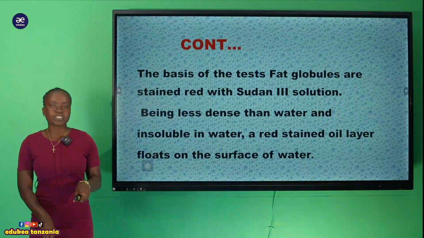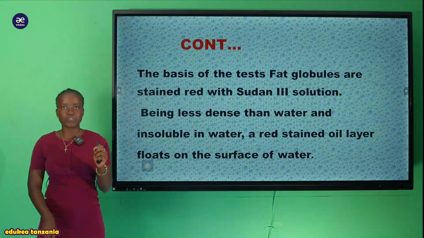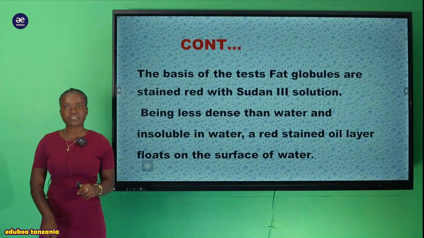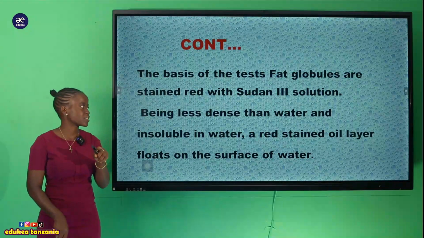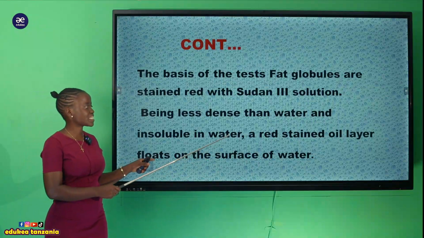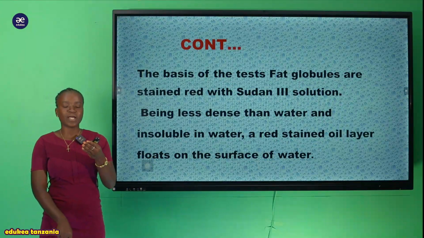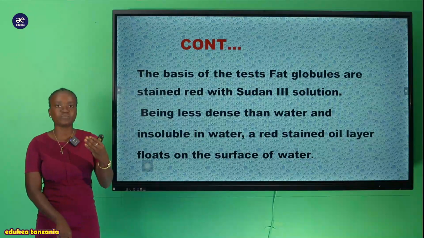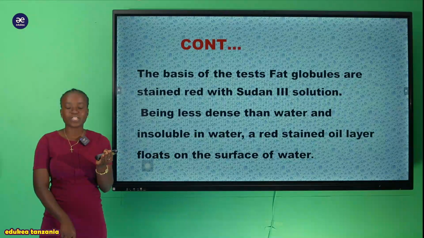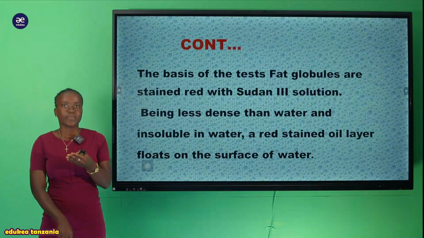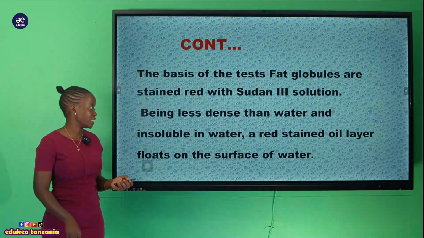So kama kutakuwa na hiyo solution yako yenye lipid, then ukachukua Sudan 3 solution ukaadd into your mixture or into your sample, you're going to see the red spots, or you're going to see the red stained oily layer on the top. While you are observing that red stained oily layer on the top, you will notice that there is a presence of lipid.